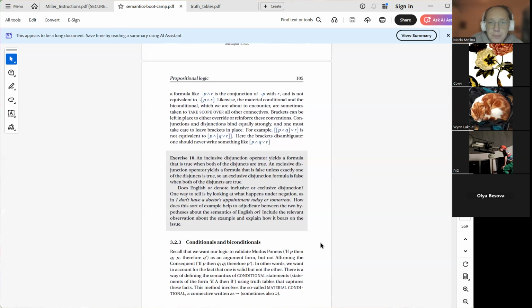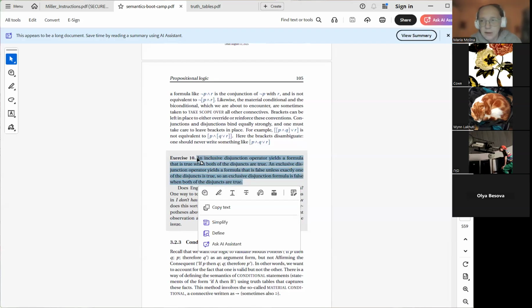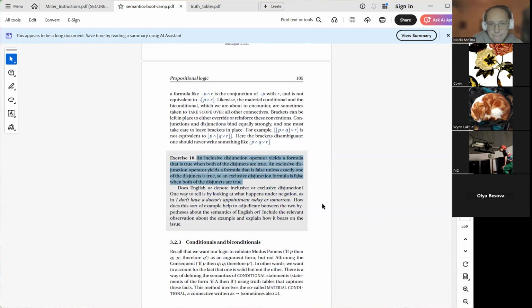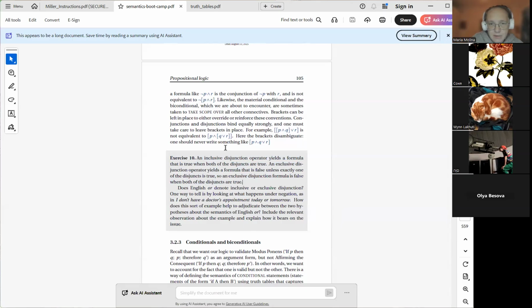An exclusive disjunction operator yields a formula that is false unless exactly one of the disjuncts is true. So, an exclusive disjunction formula is false when both of the disjuncts are true. Now, can you write this as a formula in the chat of Zoom? Can you try writing this with brackets?